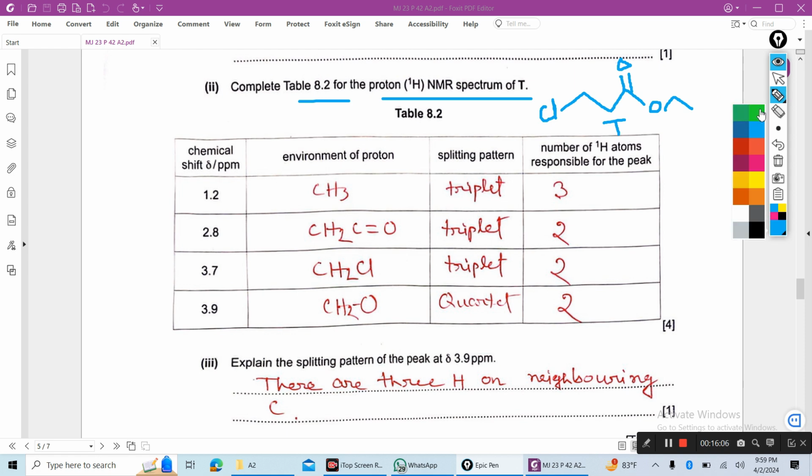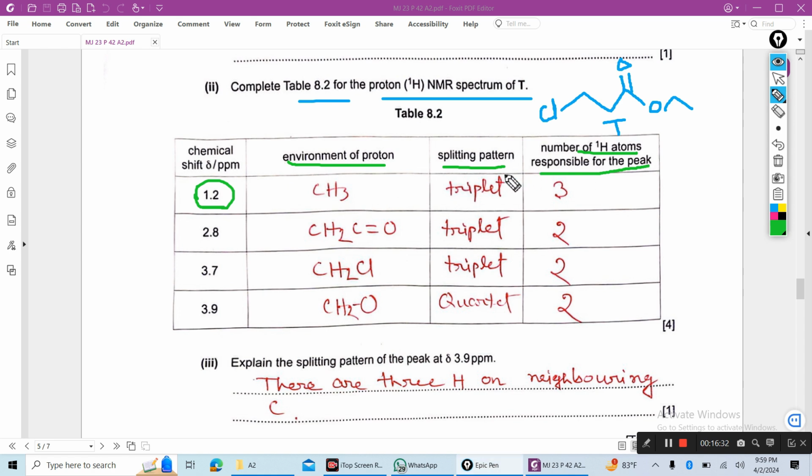Now you are asked, chemical shift is given as 1.2, the environment of proton, this means which proton gives the 1.2 chemical shift, and the splitting pattern, meaning whether it will be a doublet, triplet or quartet. Then the number of hydrogen atoms responsible for this peak.